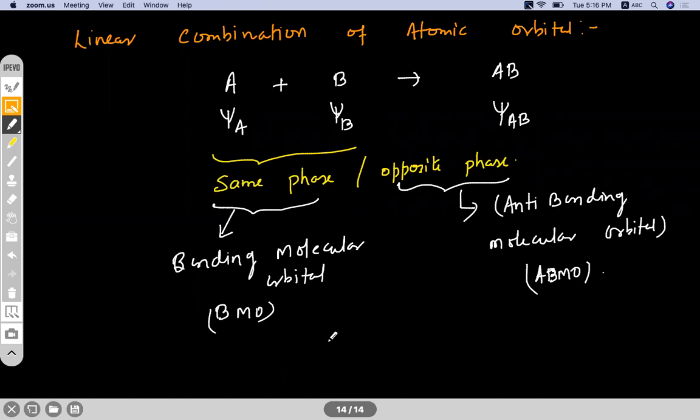There is a formula for this combination. Psi AB is given as N times (Ca psi A plus Cb psi B). Just write it down, you won't get any questions on this. It is there in the linear combination of atomic orbitals, not much important. N is the normalizing factor.